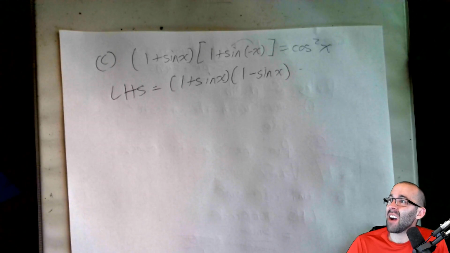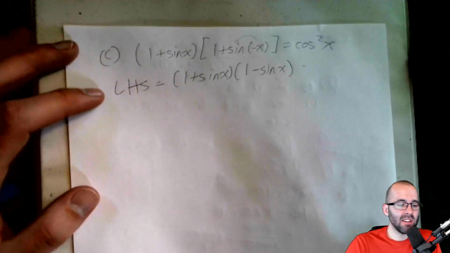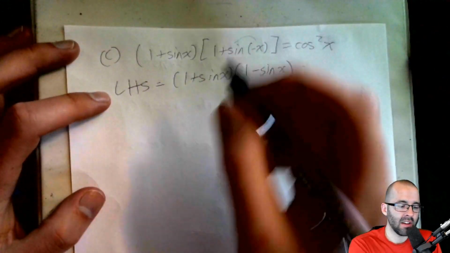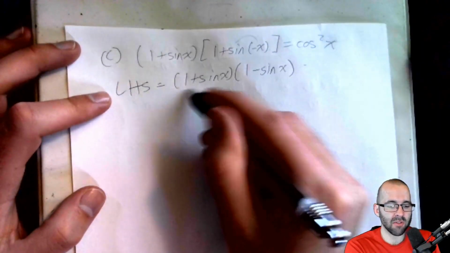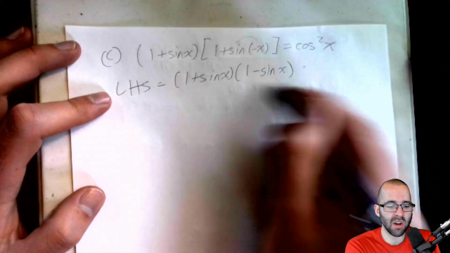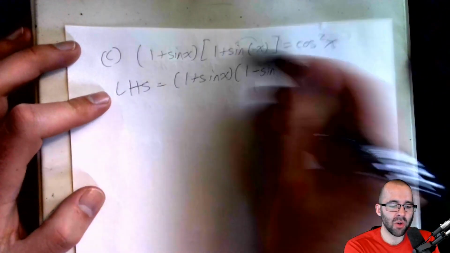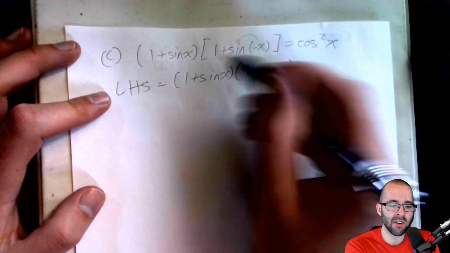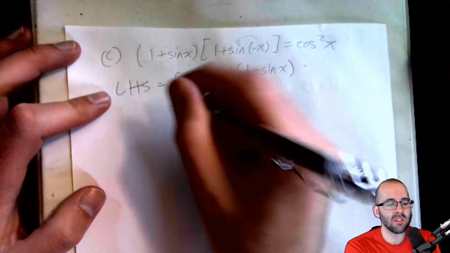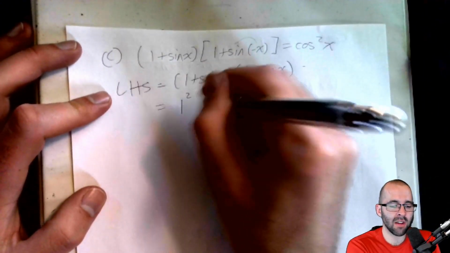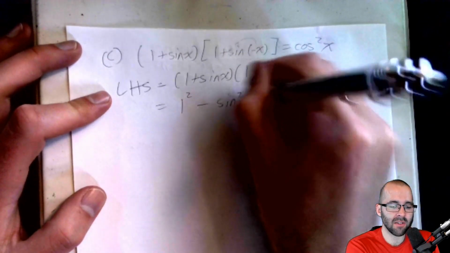And technically, you don't have to FOIL here, but that's going to be kind of our best bet, all right? Because if we FOIL here, this is a special formula. This is a difference of squares formula. So if you wanted to, you could FOIL it out the really long way, first, outer, inner, last. Or you could use a shortcut and say this is the first thing squared minus the second thing squared.